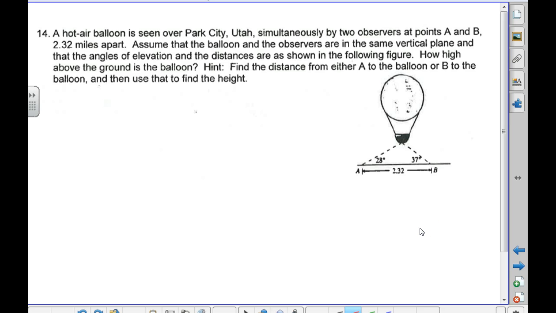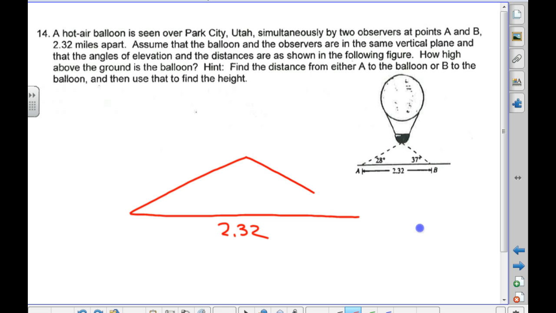Okay, this is number 14, back on the worksheets. The problem is students want to assume that we're supposed to figure out how high this is, but you can't find that height straight off without finding something else first, because this does not split the 2.32 evenly.